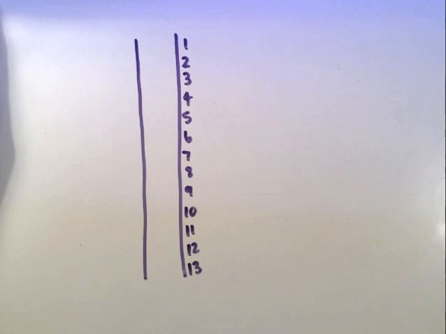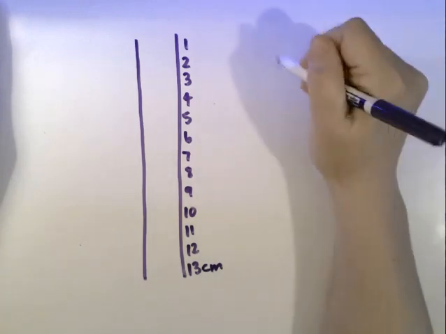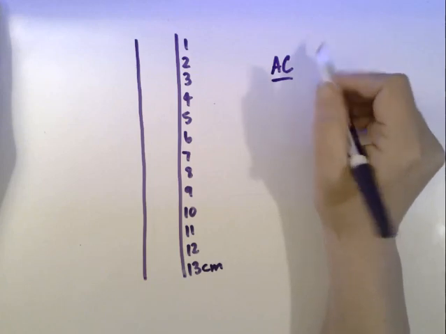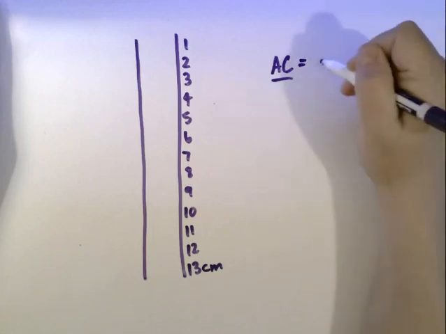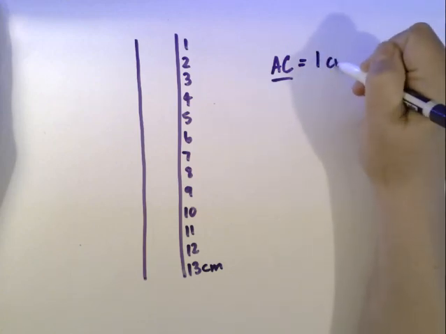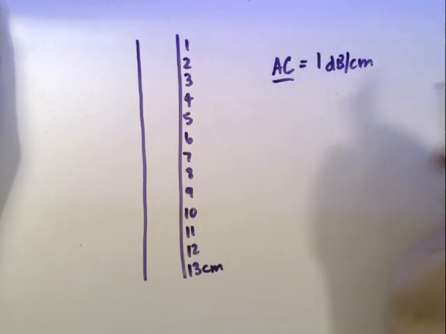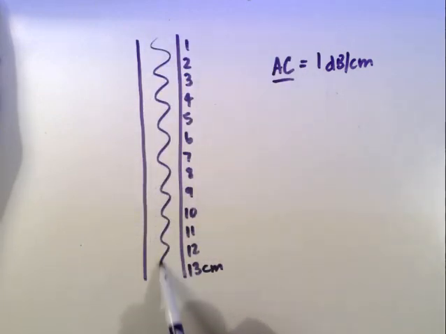So let's take a look at a quick math example, just to talk about it in math terms. Here I've got a column with centimeters marked down the side of it. The half value layer thickness is going to be very dependent on the attenuation coefficient. The attenuation coefficient tells us how much attenuation occurs per centimeter of travel. If we start with 1 decibel per centimeter, that means that for every centimeter that this sound wave travels, 1 decibel is going to attenuate out of it.